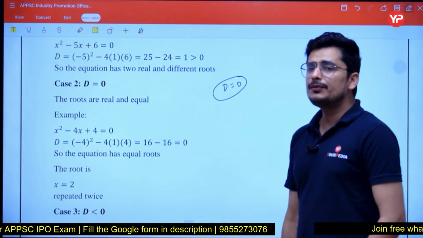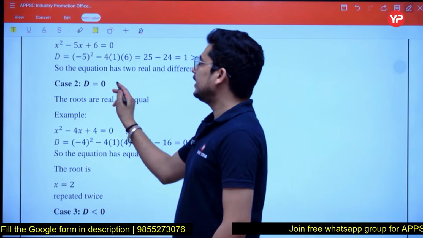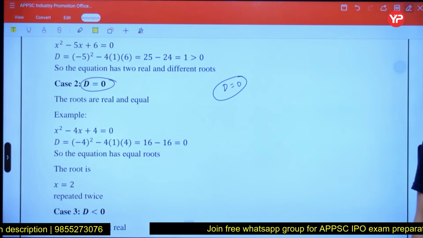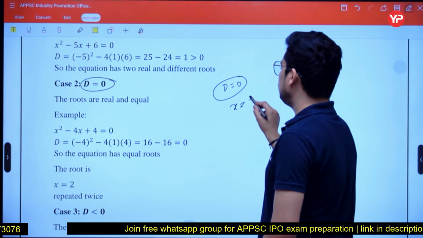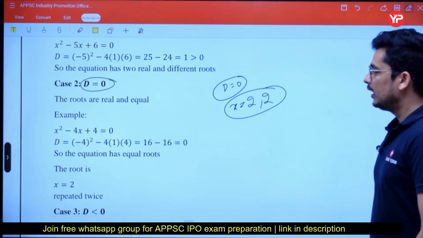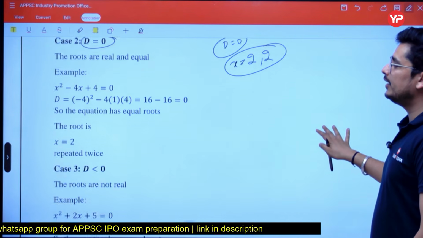Now, if you have a quadratic equation and you calculate the D value and it becomes 0, the roots of that equation are real and equal. It means you calculate the x value, that is 2, and the other value is also 2, right? So the roots are real and equal if your D value is 0.